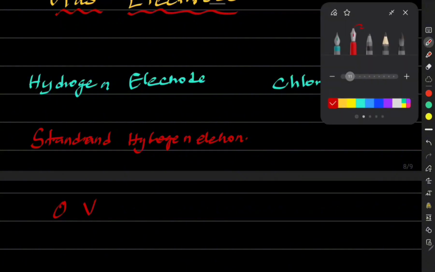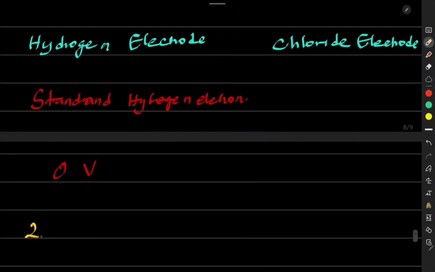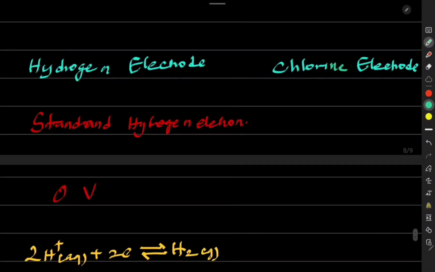Let's look at the reaction: 2H plus aqueous plus 2 electrons, a reversible reaction, form H2 gas. And now let's look at the chlorine electrode. Chlorine is a well-known oxidizing agent. It undergoes reduction.